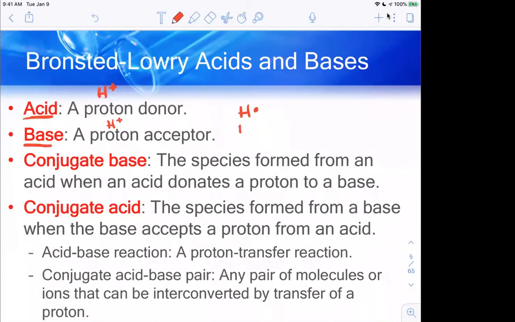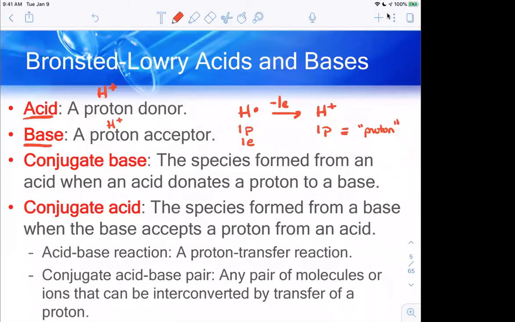I don't care about the neutrons because I don't care about the isotope. When I lose that 1 electron, hydrogen becomes a +1 charge, and it basically has 1 proton. So this is considered a proton when it's H+.